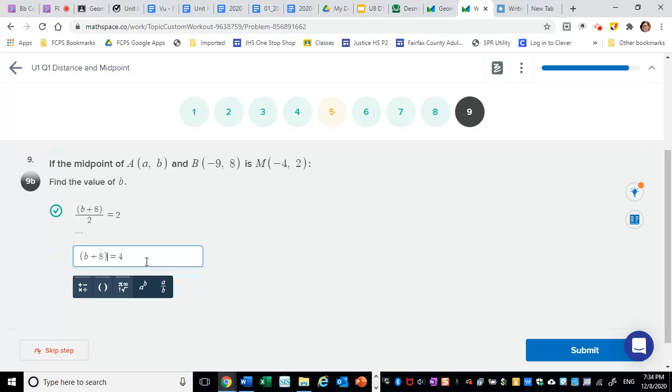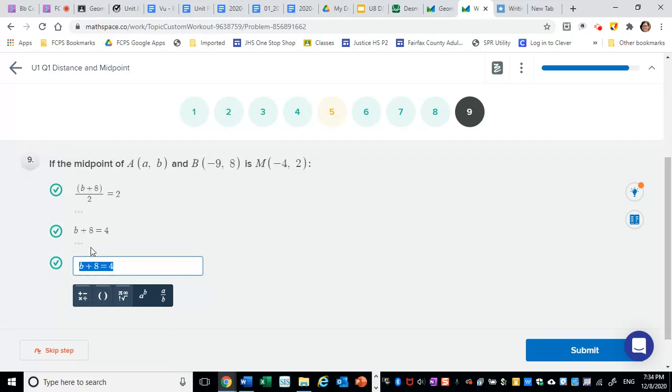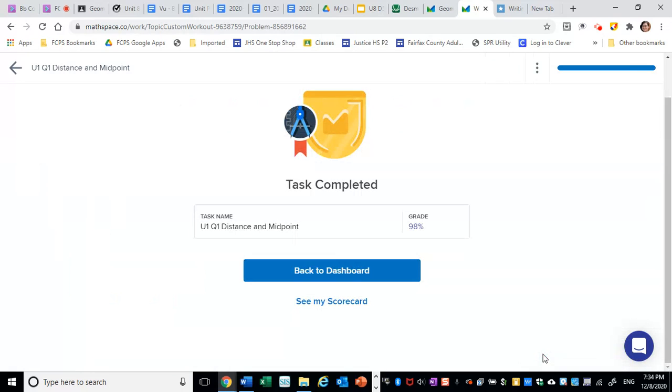So now B plus 8 equals 4. And then you solve for B by subtracting 8 from both sides. So 4 minus 8 is -4. So now the answer is B equals -4.